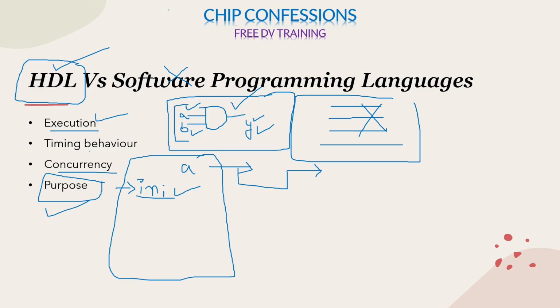Software programming language examples are C, C++, Python, Java, Ruby, Perl, R, and so on. Except for these HDLs, all others are software programming languages only.